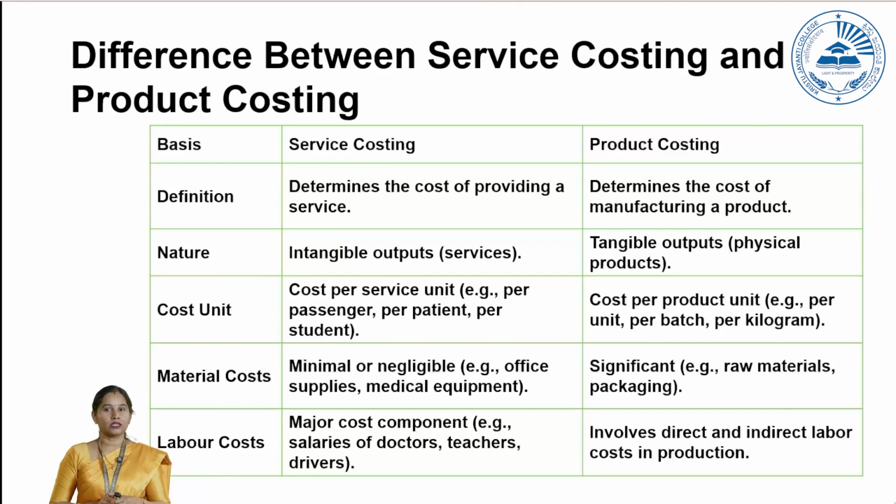Labor cost: in both service and product costing, labor costs are involved, but the major cost component in service costing is the salaries of service providers, like doctors, teachers and drivers. Product costing involves direct and indirect labor, those who are involved in the process of production.